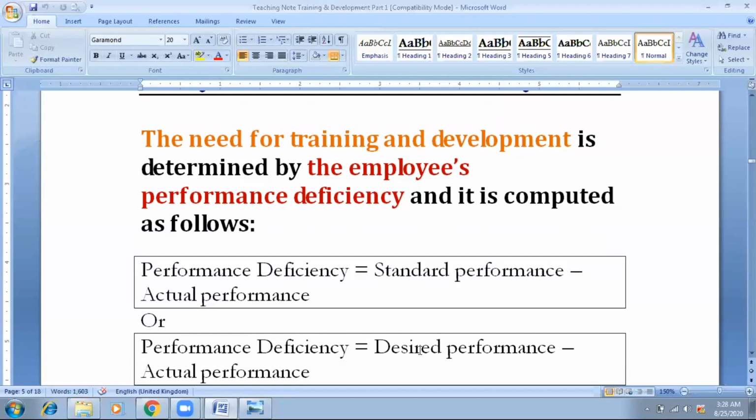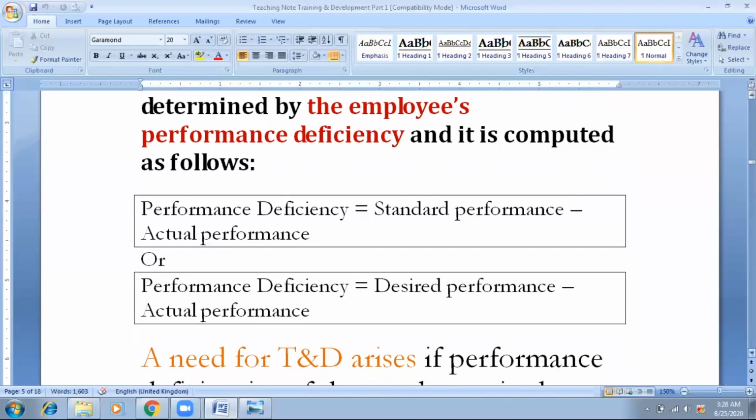Assume desired performance in case of a production employee is to produce 100 units of a certain product, but the actual performance, assume that is only 50. Then there is a performance deficiency, a negative difference. That is 50 units.